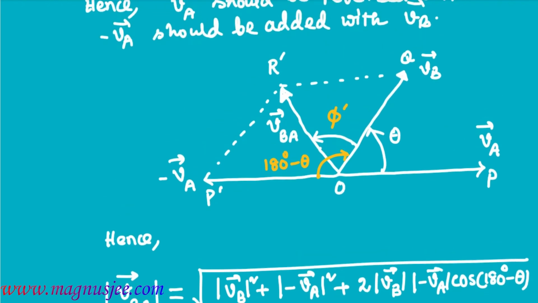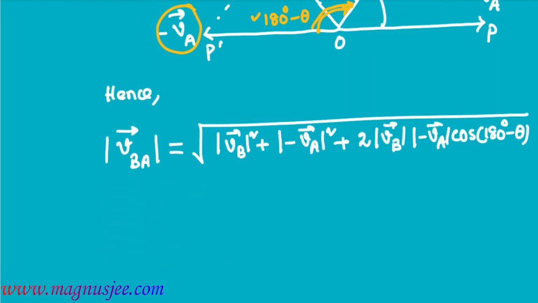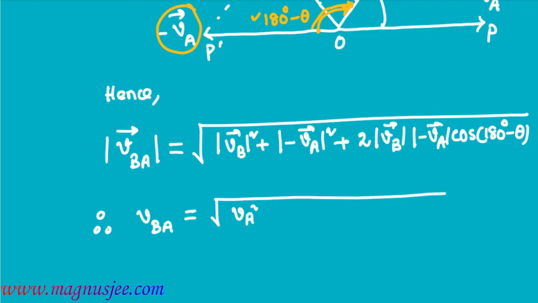Here in the diagram, vector VB is added with minus vector VA, and the angle between vector VB and minus vector VA is 180 degree minus theta. Therefore, VBA equals root over VA square plus VB square minus 2 VA VB cos theta, because mod minus vector VA is VA only.